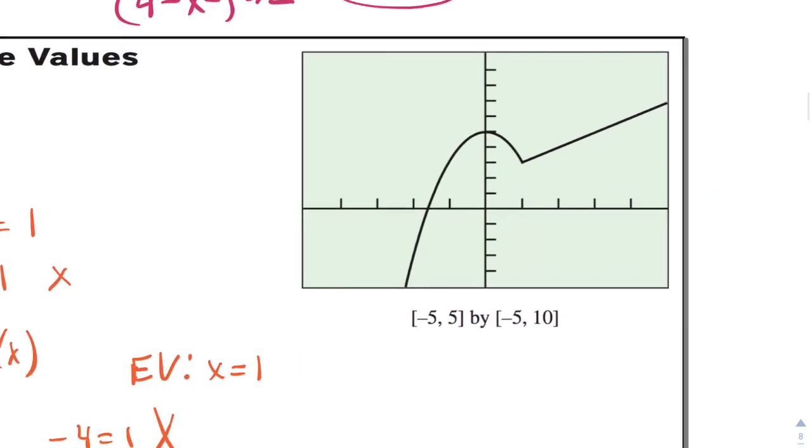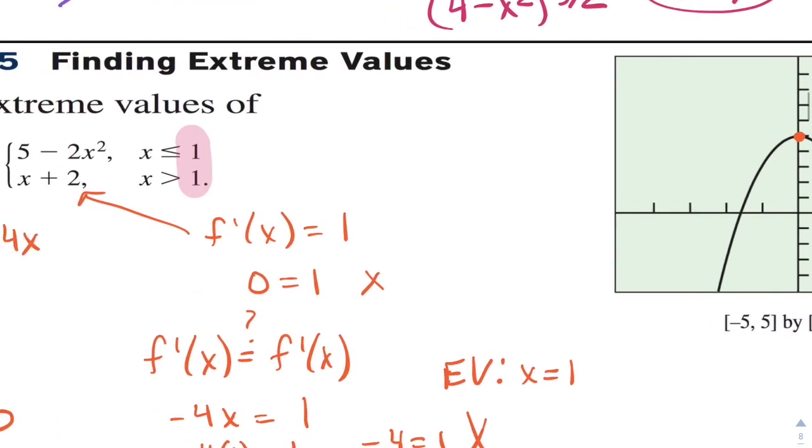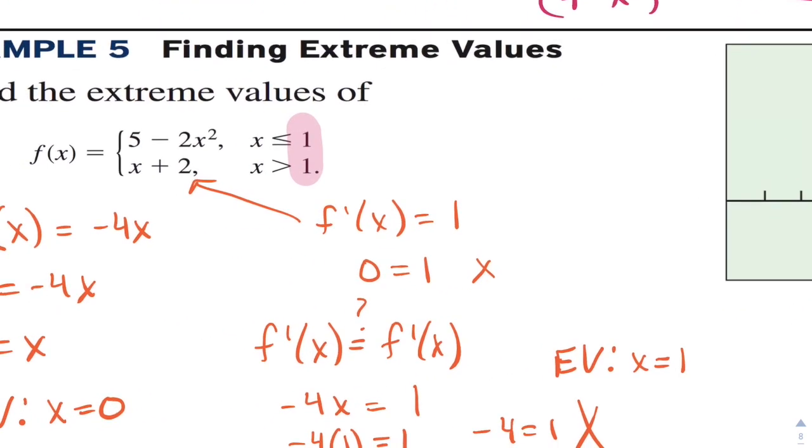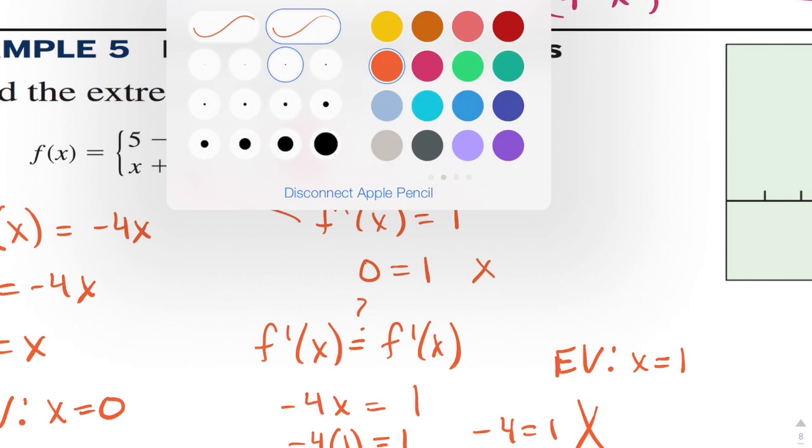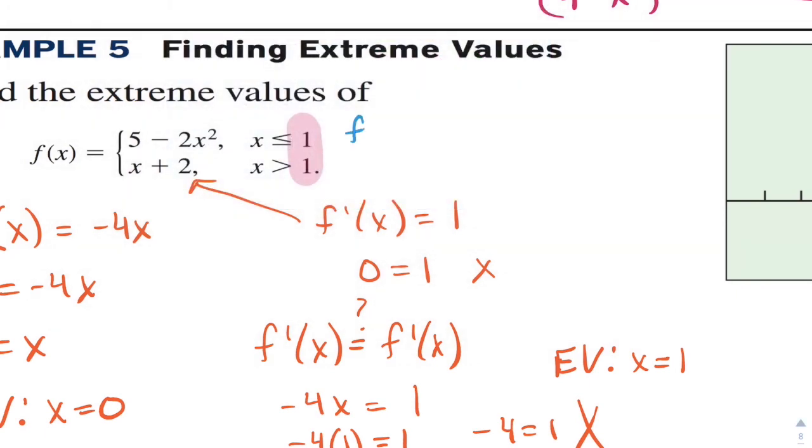And we see that the extreme value happens at 1 right here, and the extreme value also happens at 0. So at 1, let's find the output: 5 minus 2 times 1 squared equals 5 minus 2 equals 3.